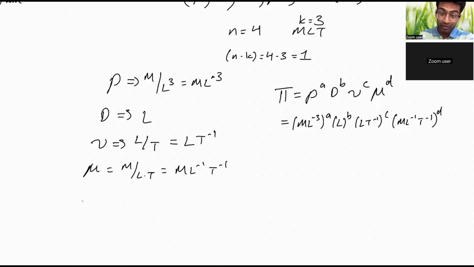And we know because pi is dimensionless, it has no units, the exponent should equal 0.